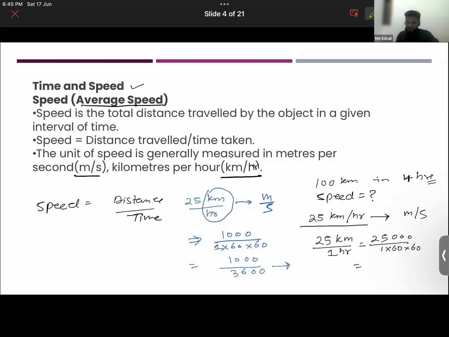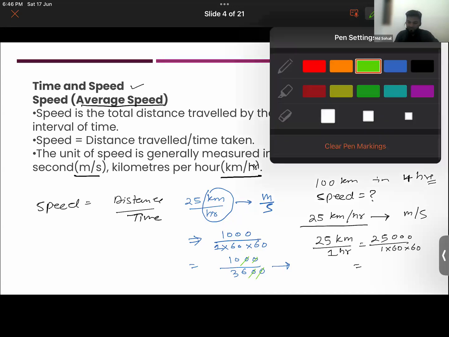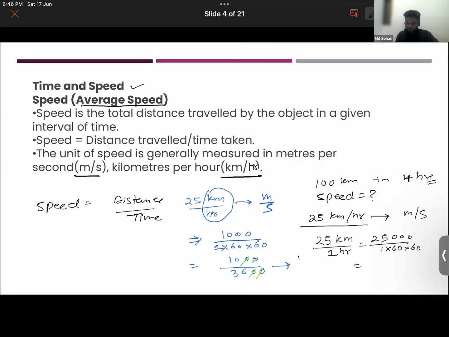First, cancel the two zeros. So you are left with 10 upon 36. Simplify it further: 5 by 18. Very good. So we get 5 by 18 here.